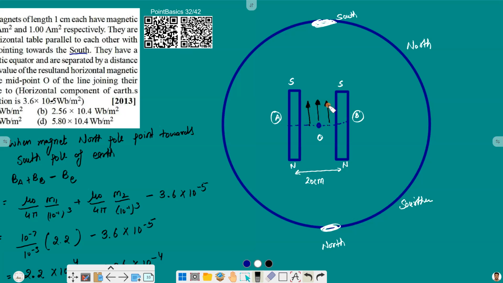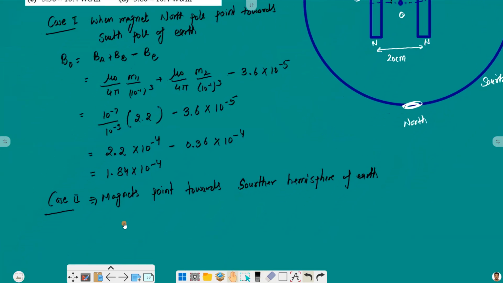So now all of these three fields will be added, and if they are added, the net field at point O in this case will be just their sum. That will be 2.2 into 10 raised to power minus 4 plus 0.36 into 10 raised to power minus 4, that is 2.56 into 10 raised to power minus 4.